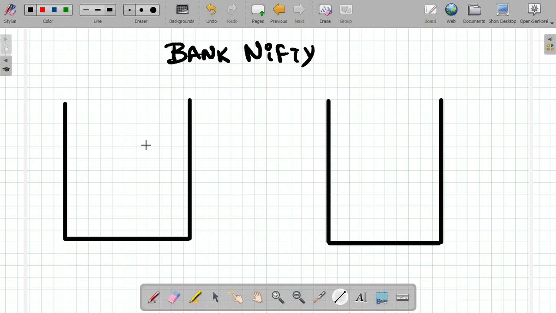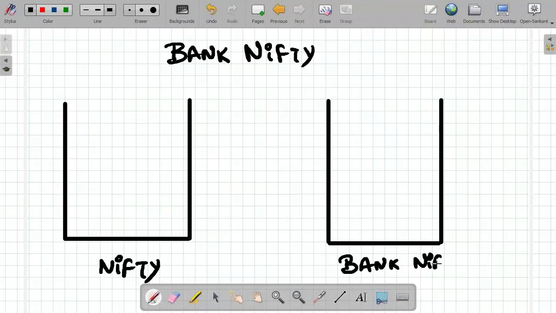In this bucket, I'm going to compare the Bank Nifty stocks with Nifty. And in this bucket, I'm going to compare it with Bank Nifty. Let me show you how.